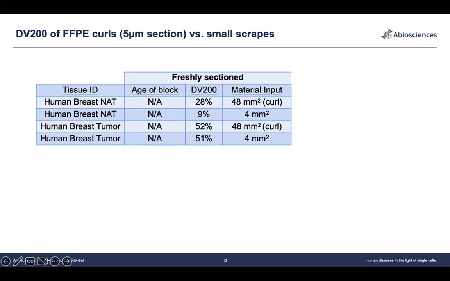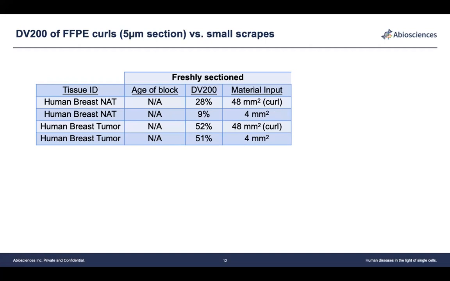But we also tested, just as 10X suggested, if we just do a small scrape of the tissue, as opposed to a curl, the entire curl of the section. As an example here, you can see that we have a larger tissue, a 48 millimeter curl, as opposed to the same tissue where we just take 4.